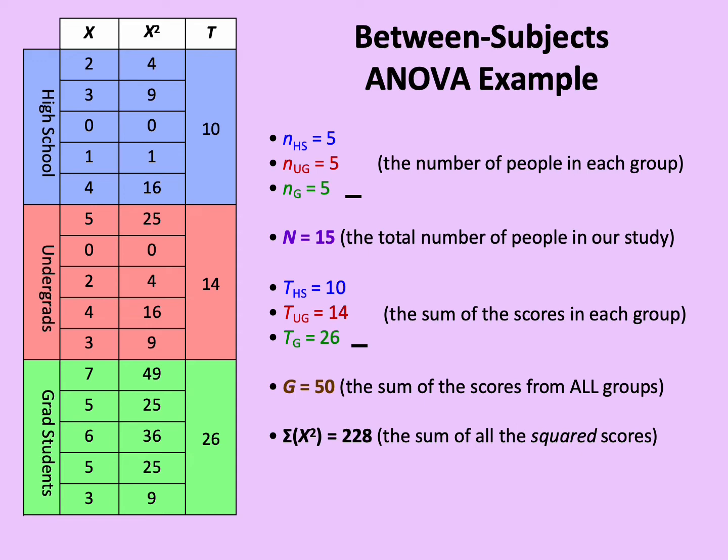And then our total sum of squares is 228, the total in the X squared column. And that's all we need, guys, to start filling out our F table to calculate our F statistic.